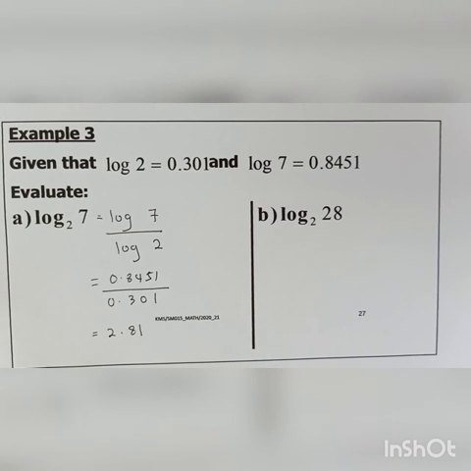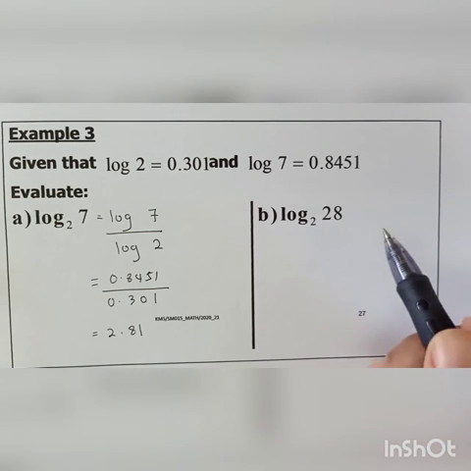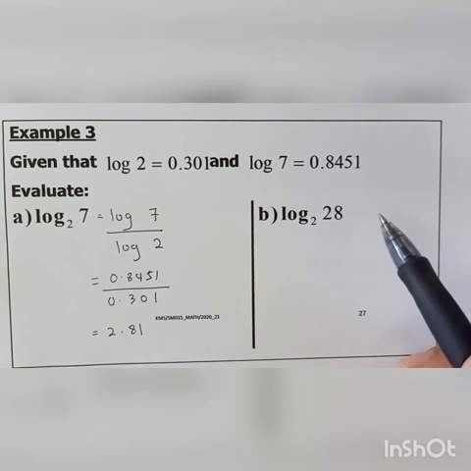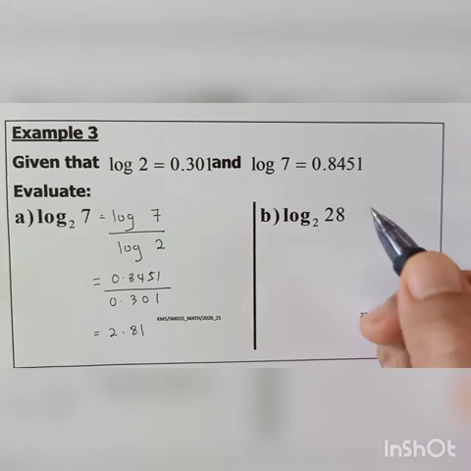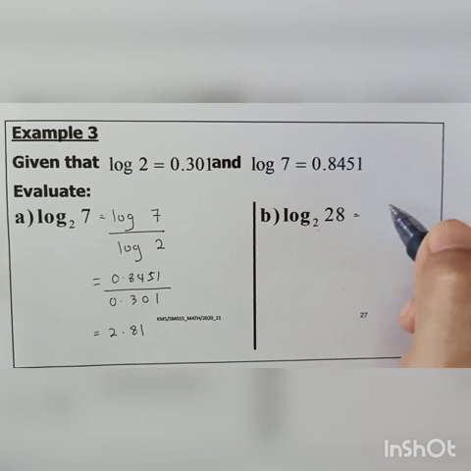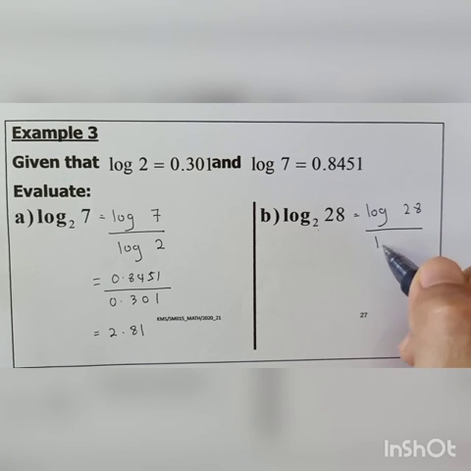Okay, for question B, log 28 base 2. 28 base 2 is a different base from the information given, so you have to change its base. We use the change of base formula, log 28 over log 2.